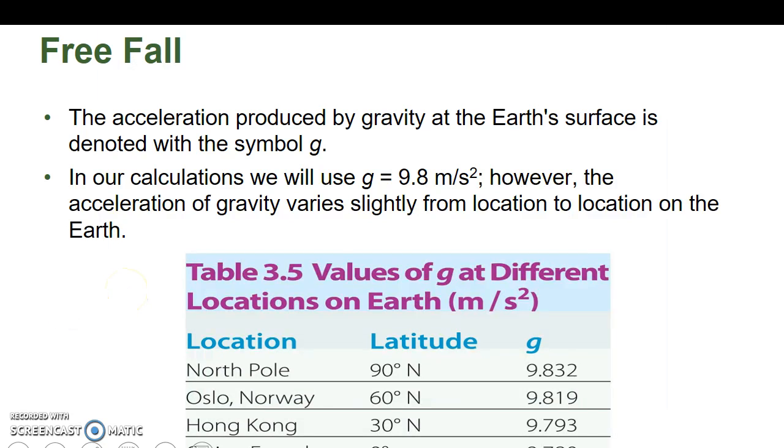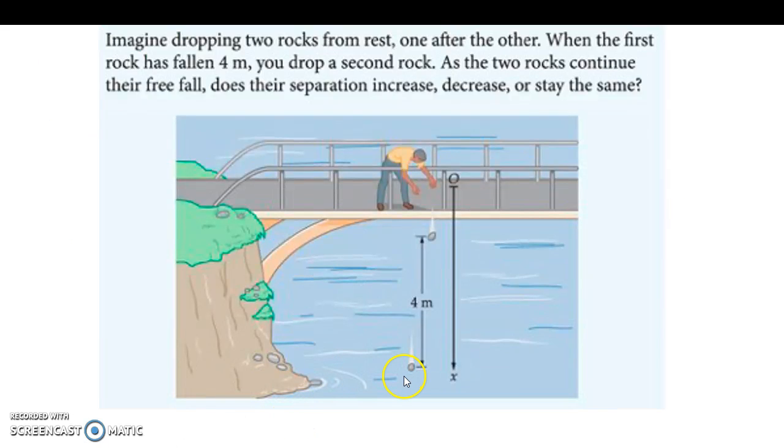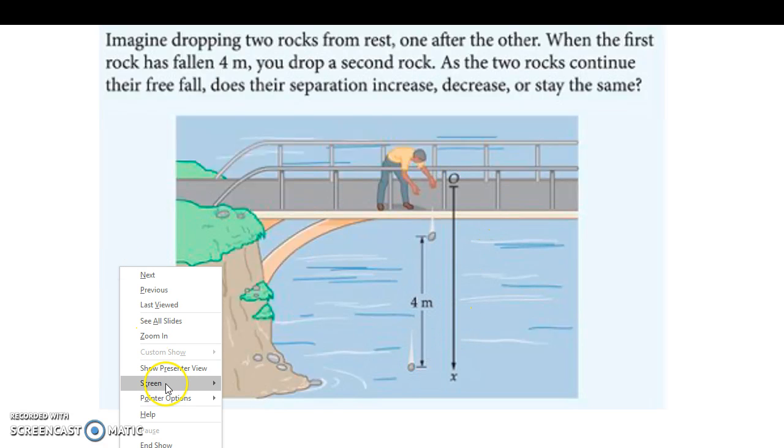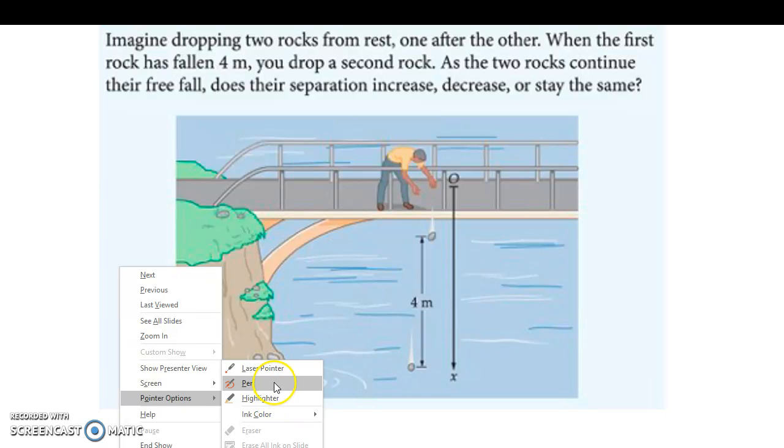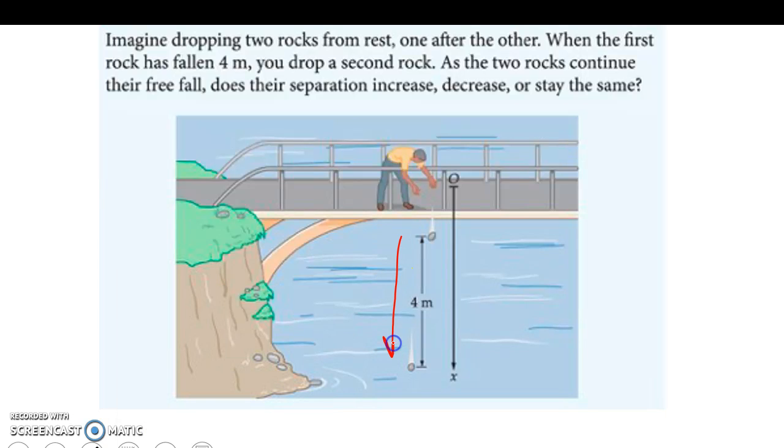So this rock will always increase the distance from the second rock that falls, and we'll see that distance increase throughout until it hits the water, obviously.